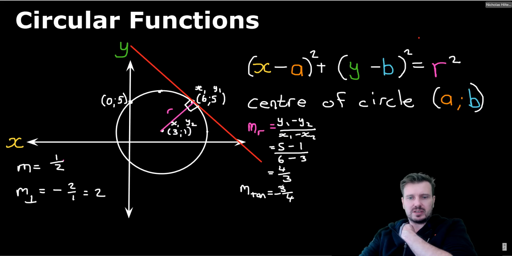Now that we've got the gradient of the tangent, we can use the other point to figure out the c, because remember, when we want the equation of a line, we say y equals mx plus c. So with our y, we can just use the point, because now we know that this point (6, 5) lies on this tangent. So the y is 5.